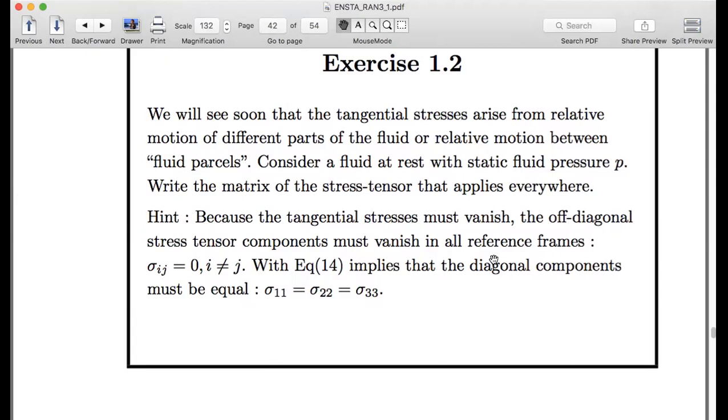So it looks like there's no tangential stresses, but that's because we've chosen our coordinates such that the stresses are either compressing or the opposite of compressing, elongating along special directions that we chose to line up with what the fluid's doing at that particular place.